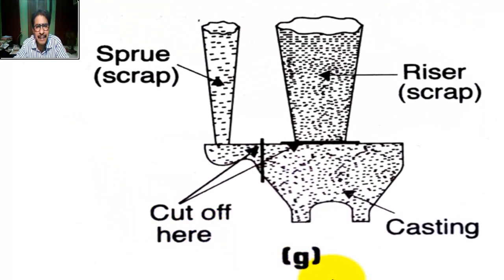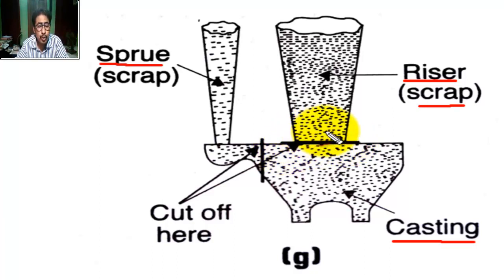This is the figure G. This is the casting. This is the riser. This is the sprue. We cut off here and here.